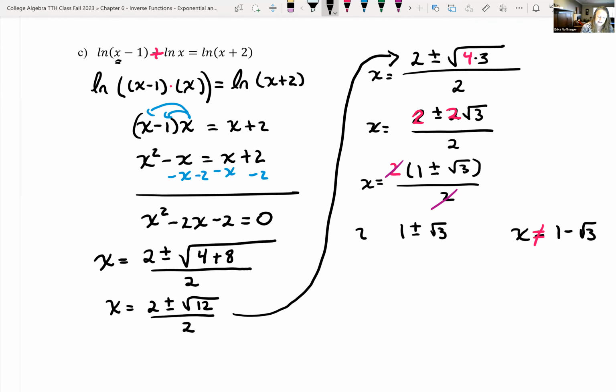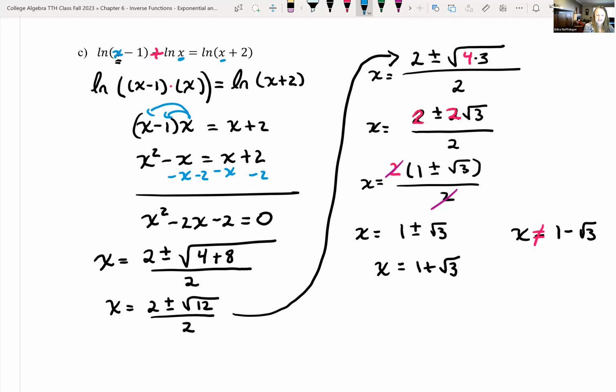So this one can't work. So let's look at x equals 1 plus root 3. Because square root of 3 is 1 point something, plus that 1 in front, that's 2 plus something. So plugging in 2 plus something in here, 2 plus something minus 1 is positive, so I'm okay for the first natural log. 2 point something is positive, so we're okay for the second natural log.